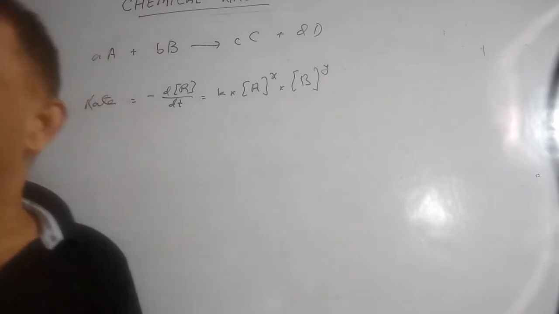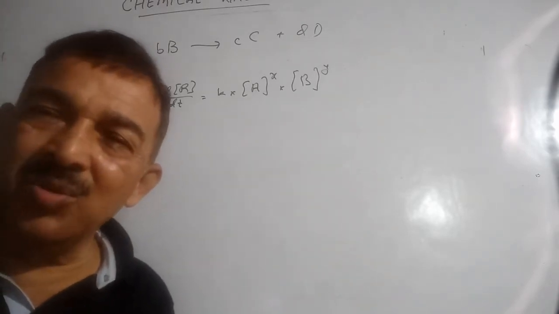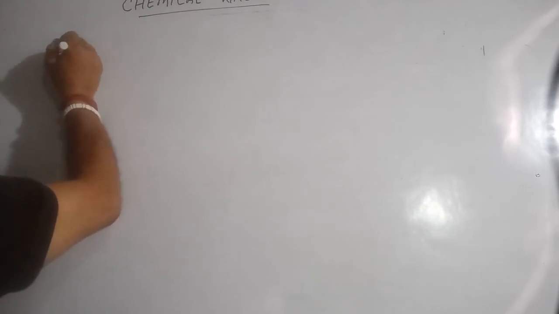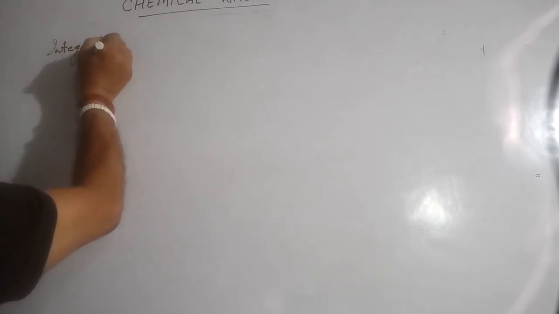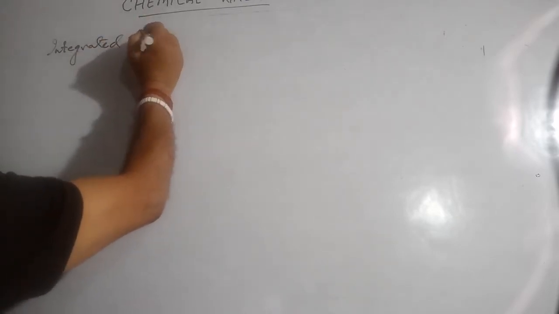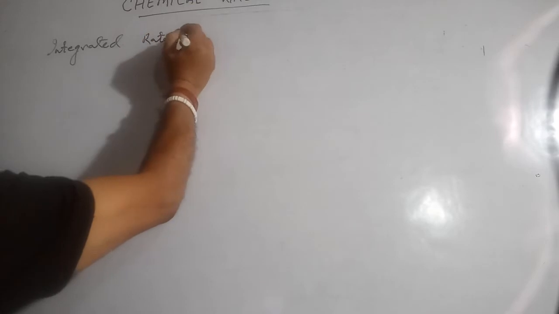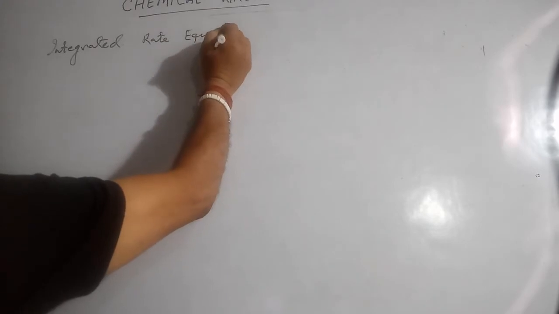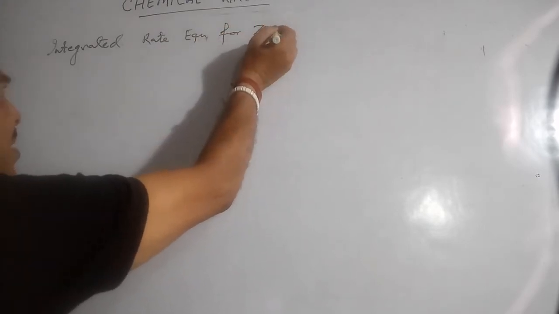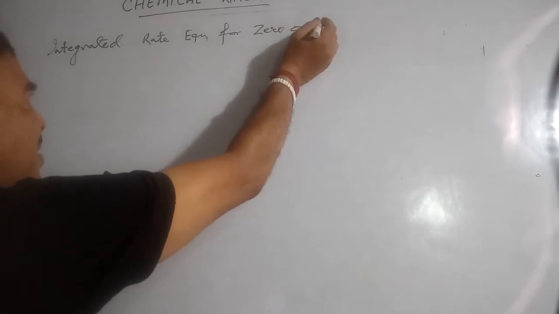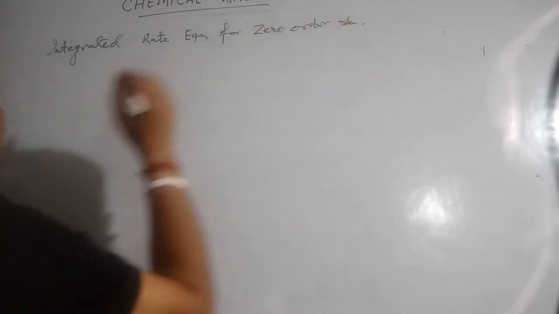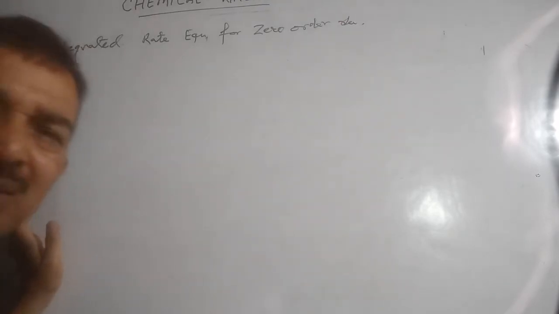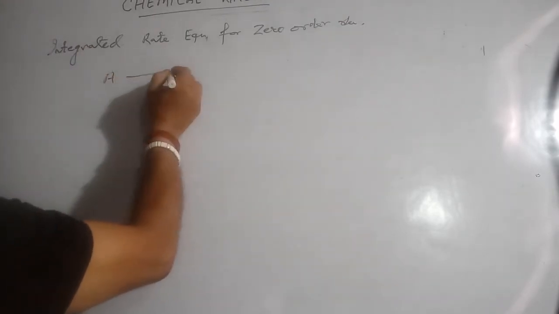Now coming to the integrated rate equation for a zero order reaction. Consider the equation A gives products.